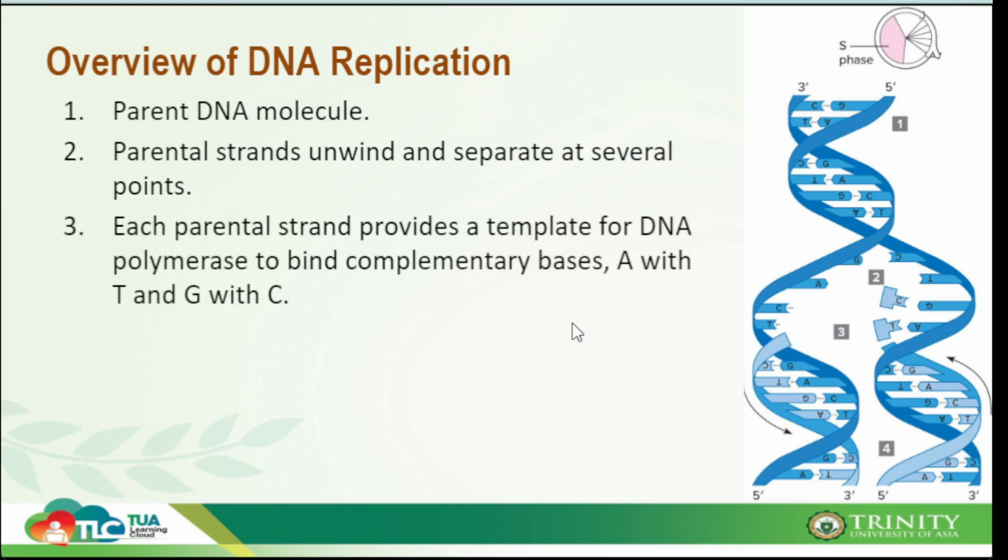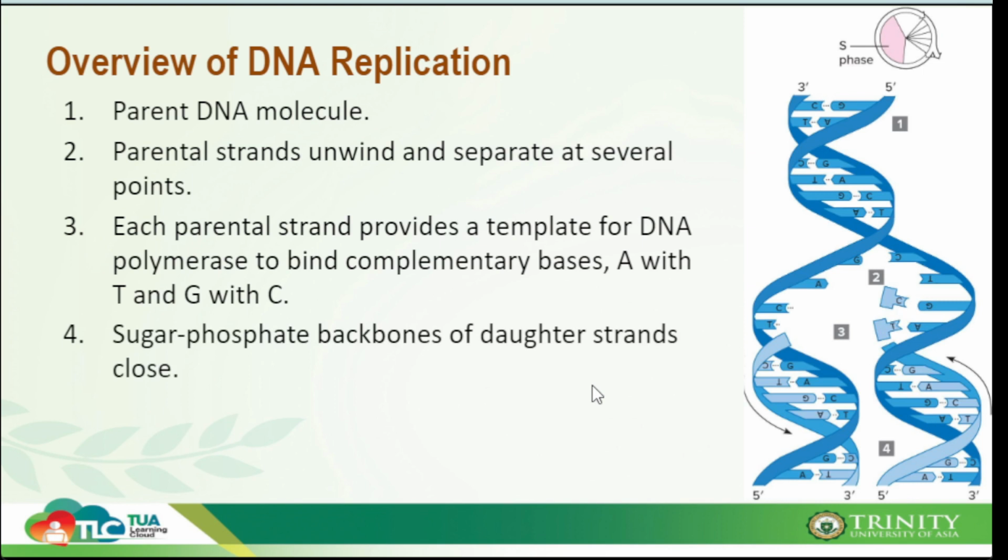So each parent strand will become a template for DNA polymerase to bind or to put complementary bases. Like this one, here we have a G that is exposed. So the polymerase should be able to find a complementary base for G. So ano ba yung complement base ng G? C. So ayan, kakabit yung C dyan. So kailangan complementary pa din sila.